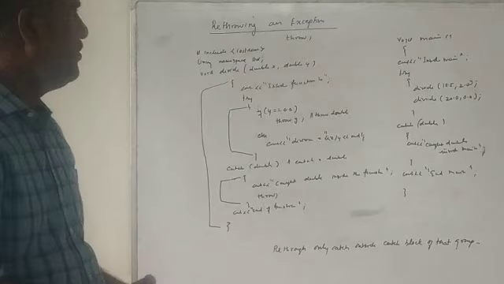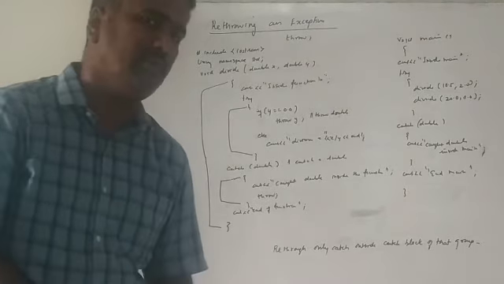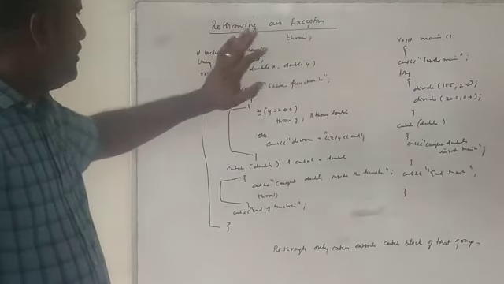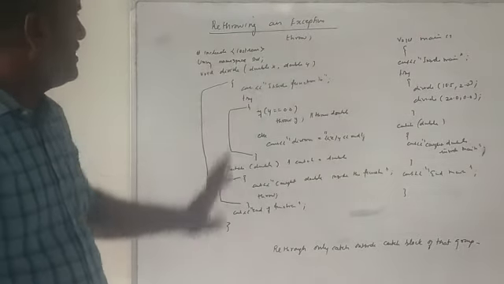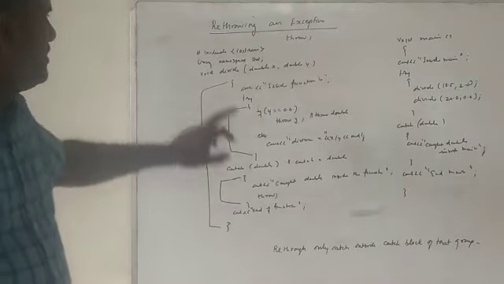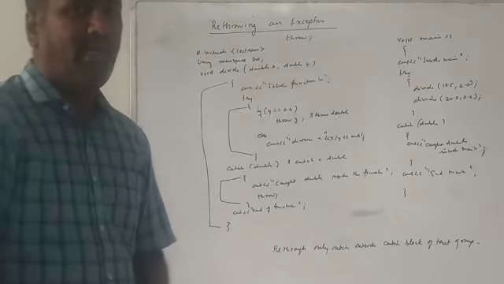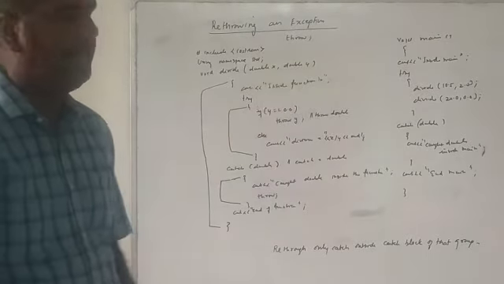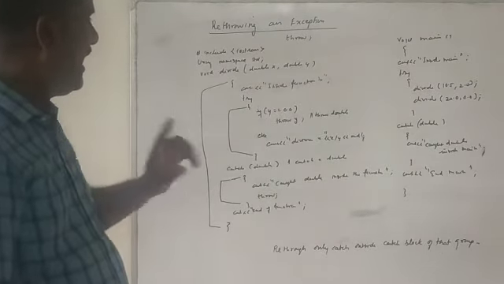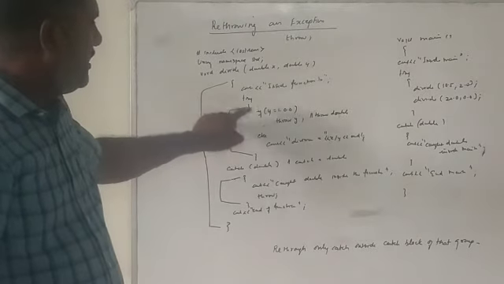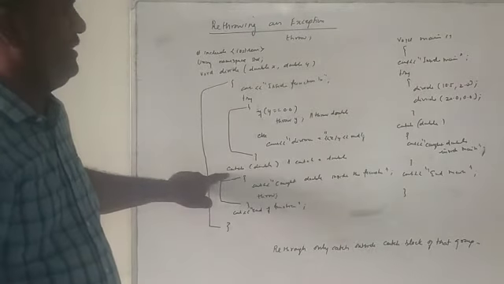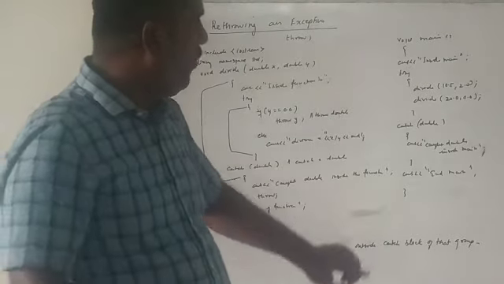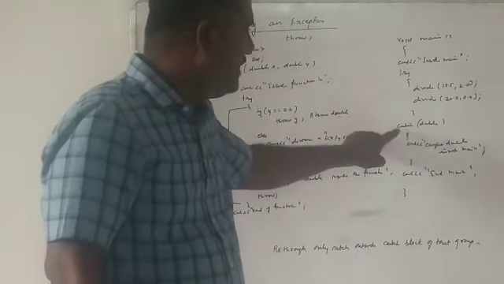Here is the third example of the exception handling mechanism. Here we include iostream and use namespace std. We use one function called divide, passing two arguments, double x and double y. Inside the function we have try, throw and catch statements, and the main function has only try and catch.